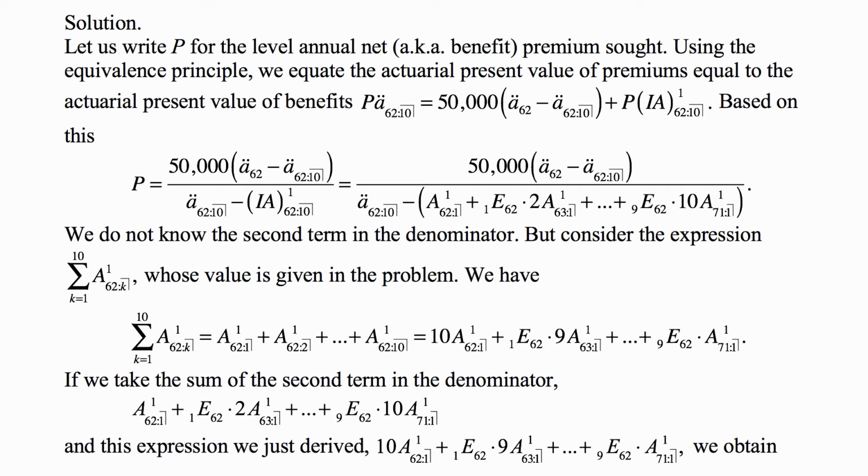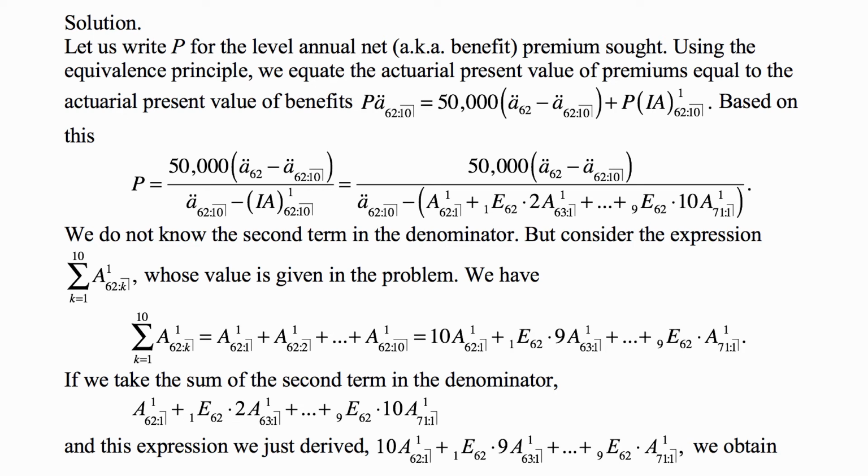But consider the expression, the sum from k equal 1 to 10 of A 62 colon angle k 1, whose value is given in the problem. So this expression that is given is equal to A 62 colon angle 1 with a 1 above the 62, then 2, 3, and so on up to 10.